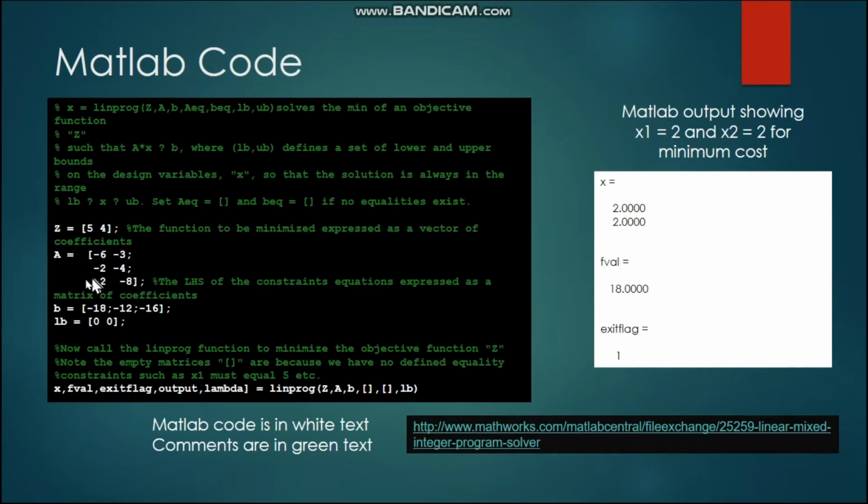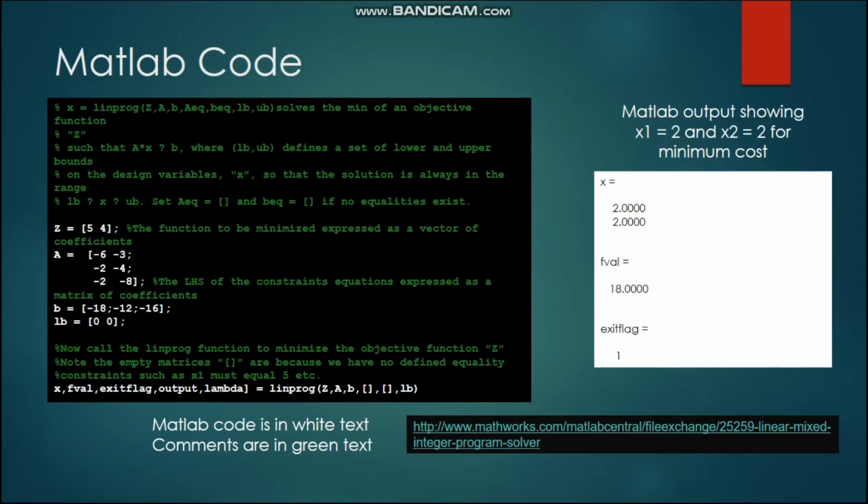So next we have a matrix for the left hand side of our constraints equations. The left hand side of the constraints equations are given by, in this case, not 6 and 3, which are the coefficients of our constraints equation. If you remember, it was 6x1 plus 3x2 is greater than or equal to 18.